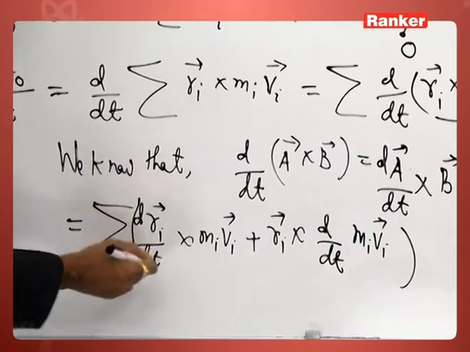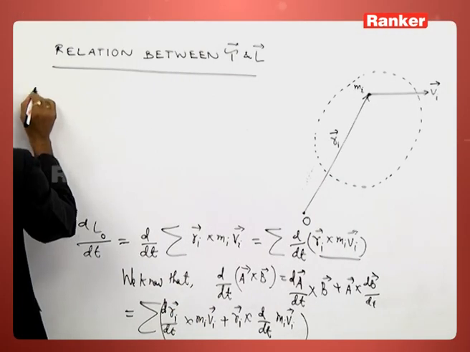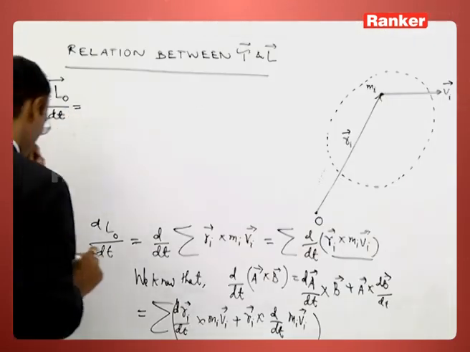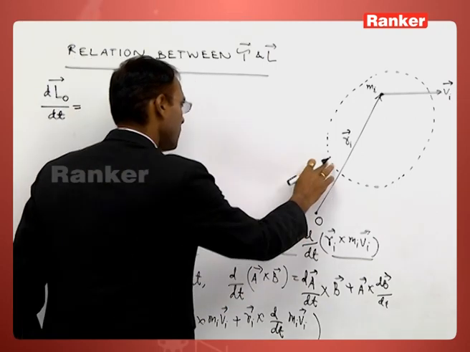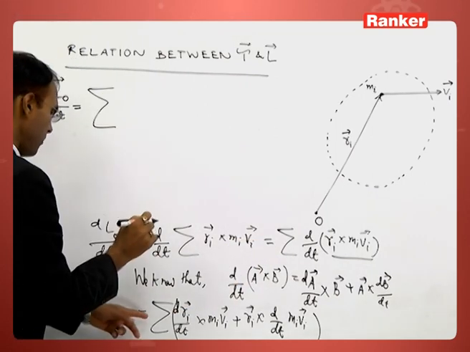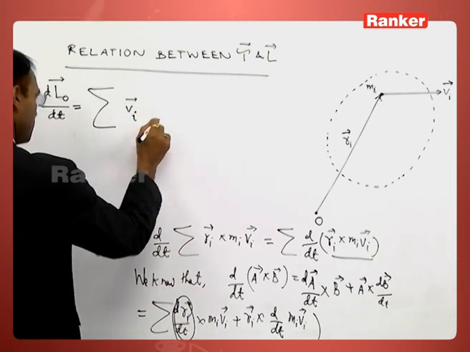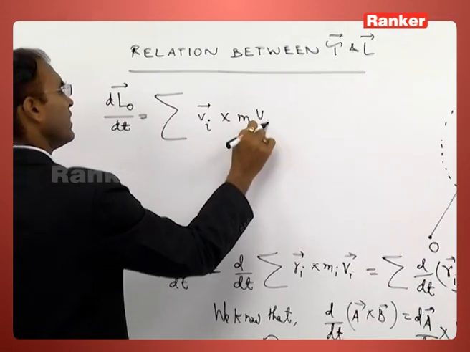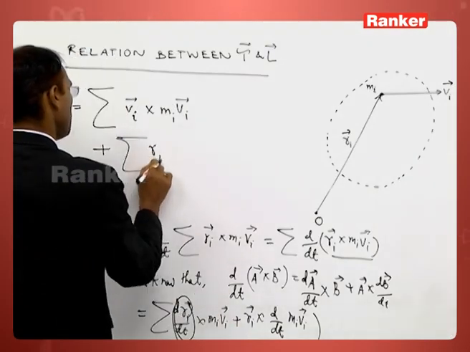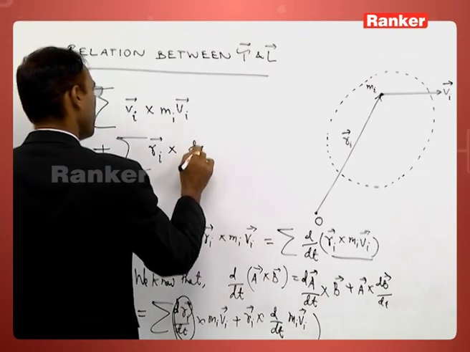Since the rate of change of position vector is known as velocity vector, we can write the rate of change of angular momentum with respect to time about the position O is equal to sum of vi, the velocity vector of ith particle, cross mivi plus sum of Ri cross d by dt of linear momentum of ith particle.